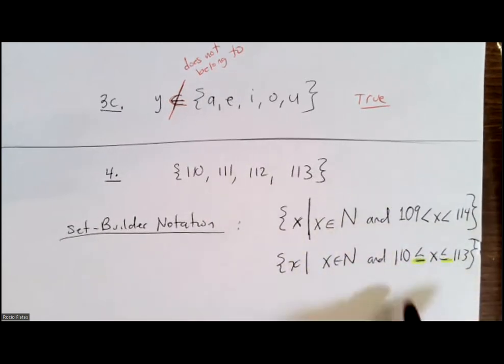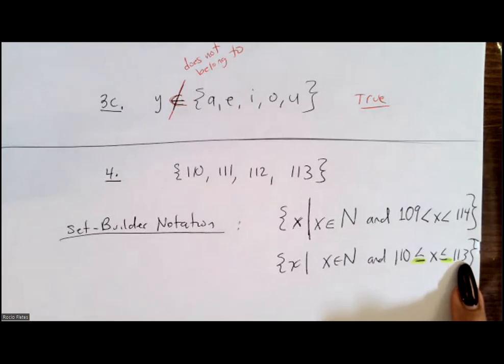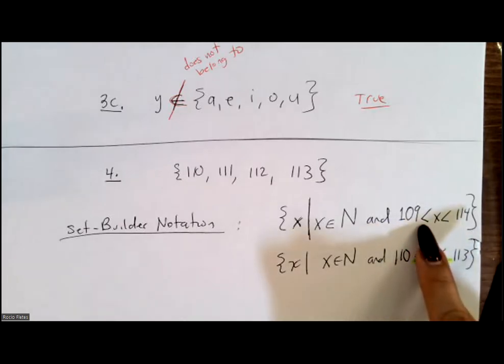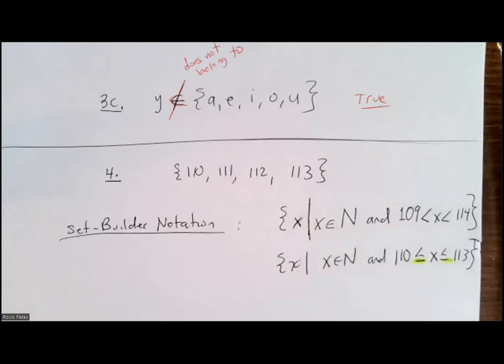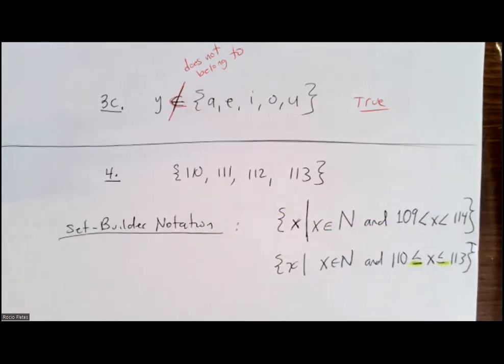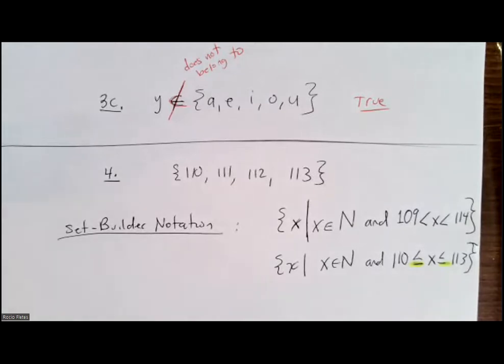That means I am including 110 and I am including 113. Over here, I am not including 109 and I'm not including 114, but these are exactly the same sets. Make sure you see that. So that's one way to write it using the set builder.